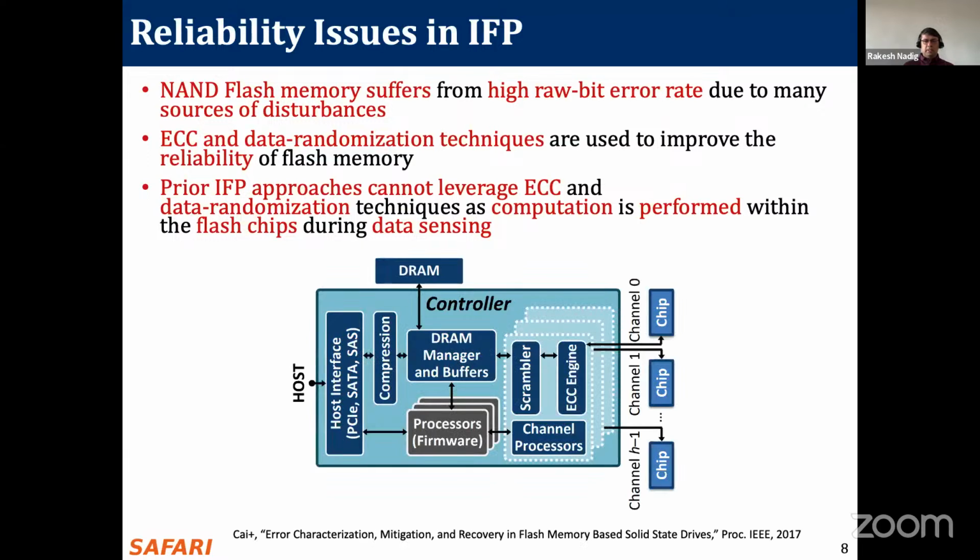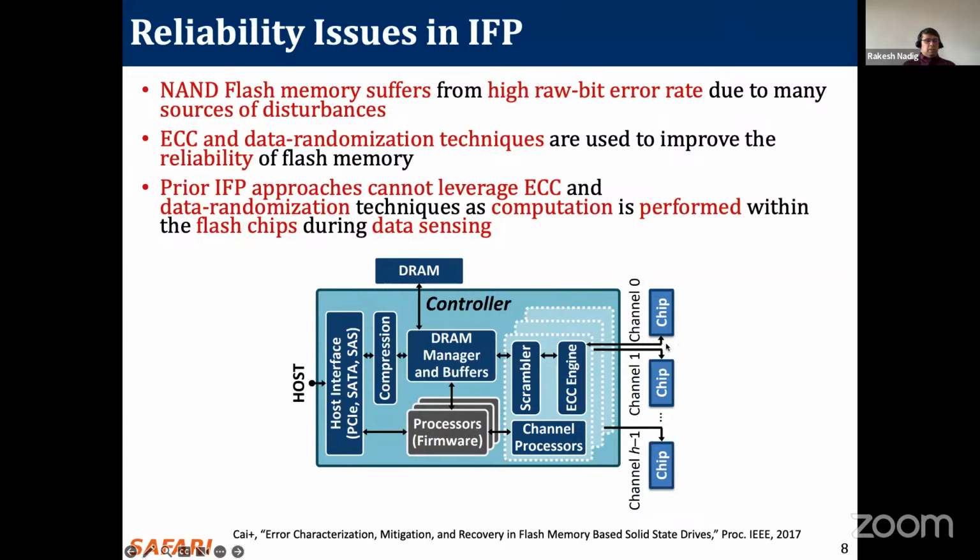So let's look at a figure to see why this happens. We see the flash chips connected to different channels, and we see the ECC engine, which is helpful in making the data reliable, and also the scrambler, which is used for the randomization technique. These 2 components are within the SSD controller and outside these NAND flash chips.